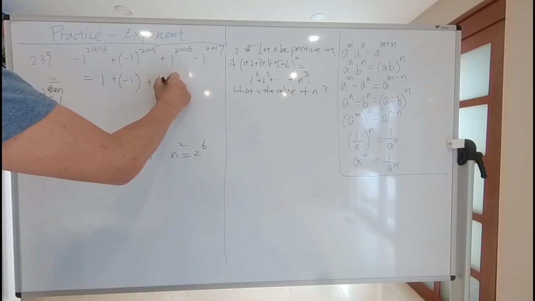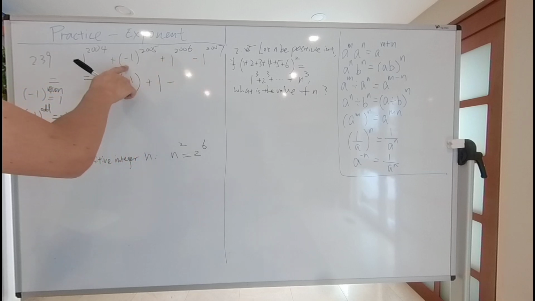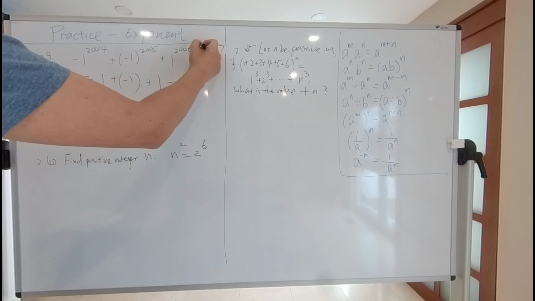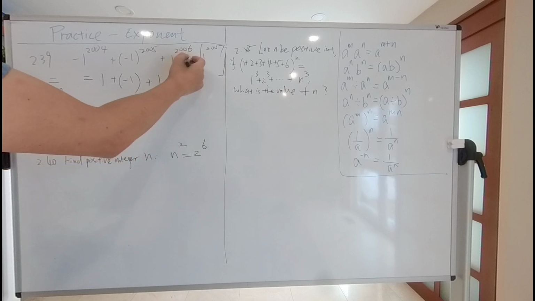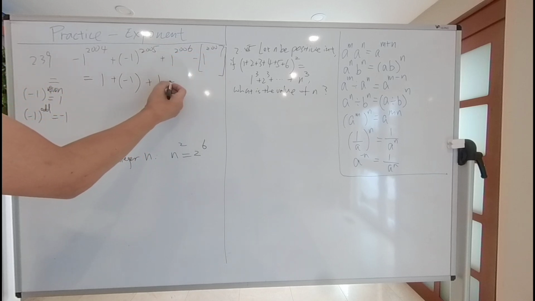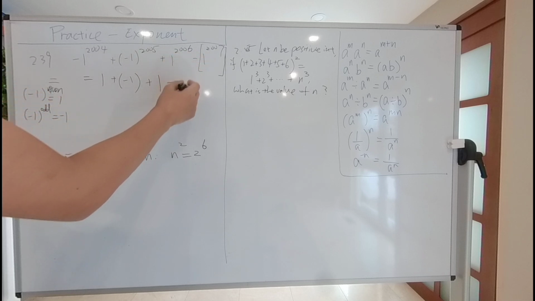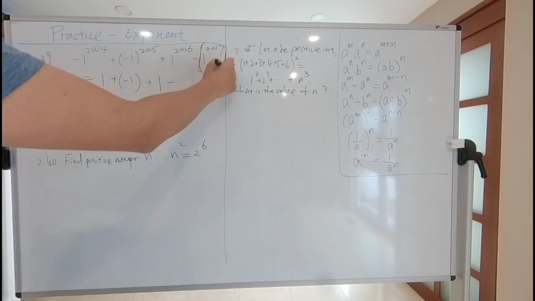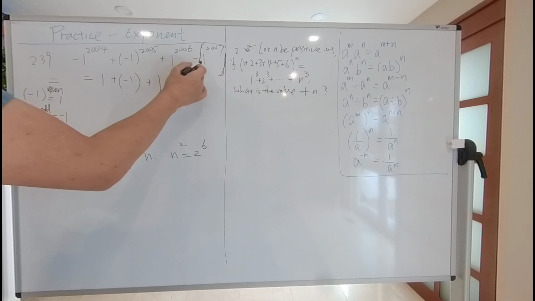And then the last term is a bit tricky because the minus sign is not bracketed within the exponent. So it's minus this number, right? This means this minus sign is not related to the exponent. We can just write hypothetical brackets around this number, and evaluate this number first.